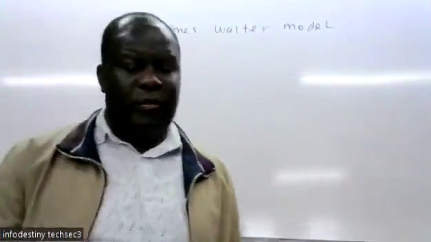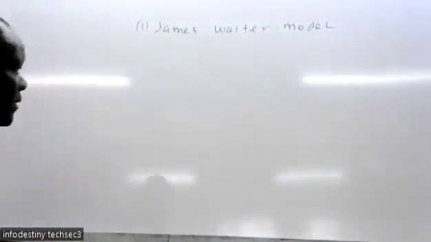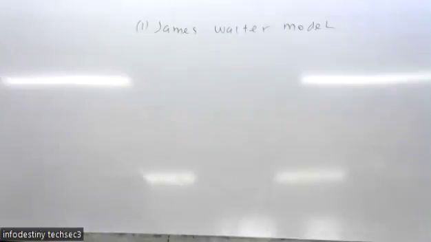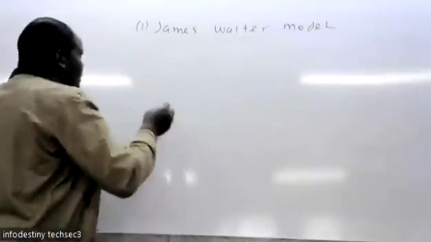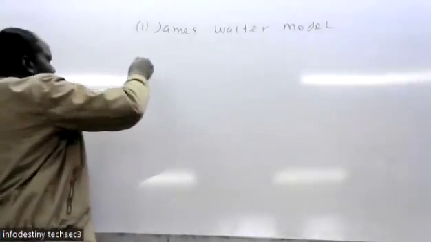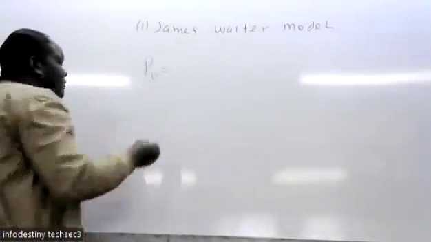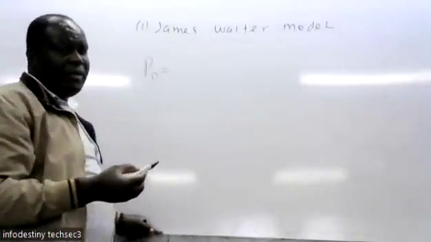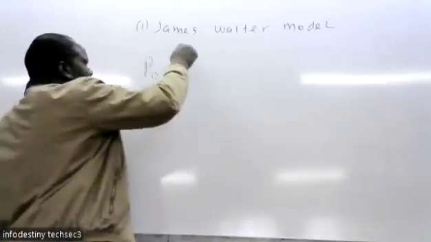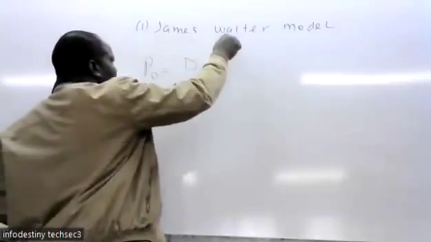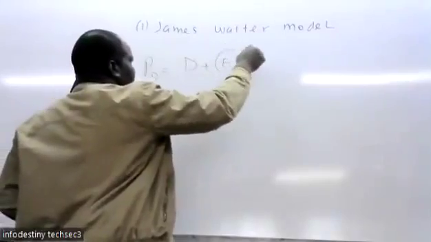According to James Walter, the value of the share, P0, is equal to D plus (A minus D).